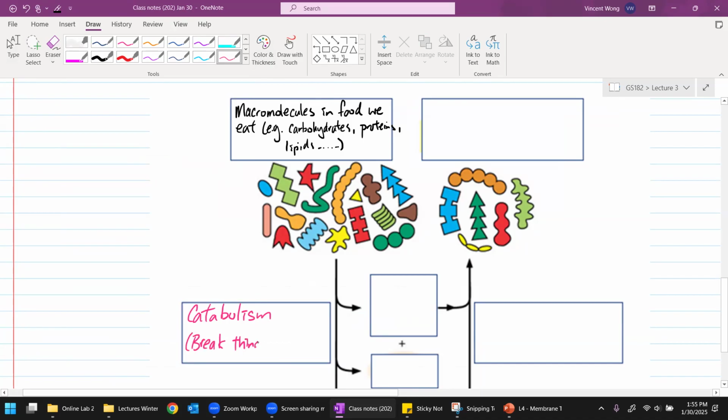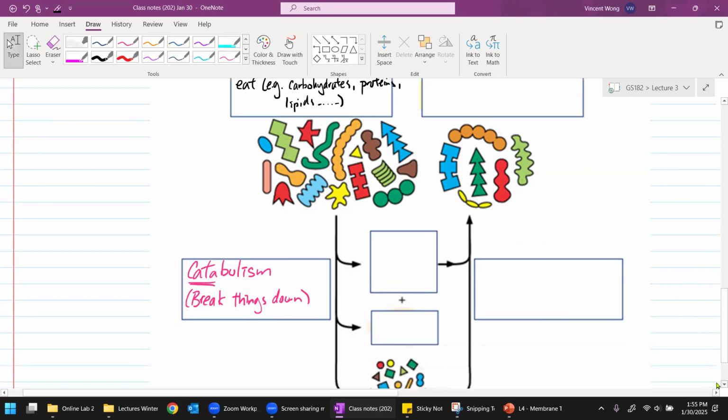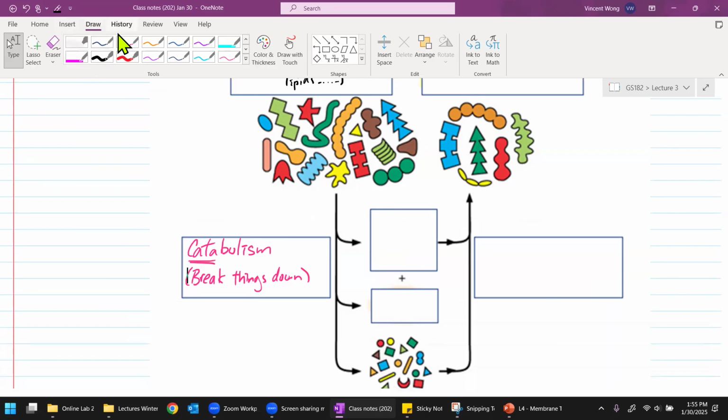Break things down. The way to remember it is the prefix kata, like catastrophe. In a catastrophe, an earthquake or tornado, everything breaks down, right? So in catabolism, we are breaking molecules down. When we do, we get some energy from them, and then we can use that energy for something else later.